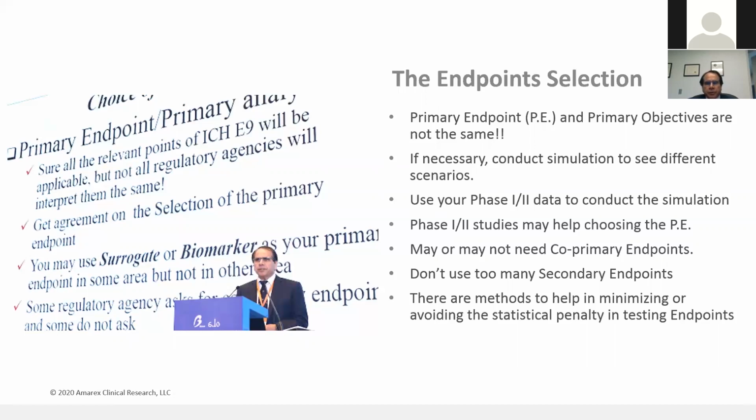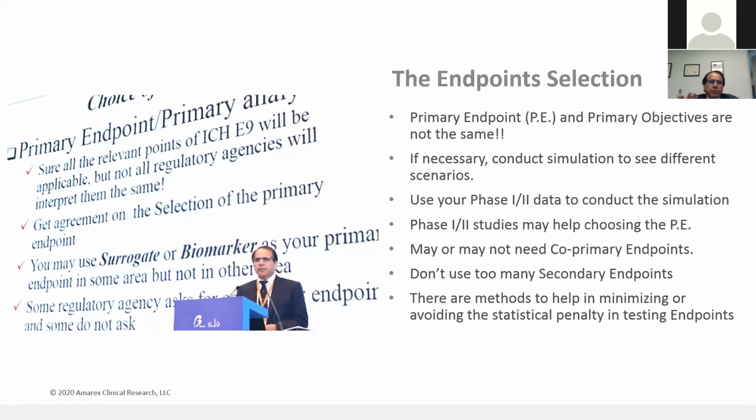And I do remember we conducted a trial, I think it was in hot flash reduction, and the primary endpoint was reduction in the frequency of hot flashes. The regulatory agency said, but no, you also have to look at the severity of hot flashes.